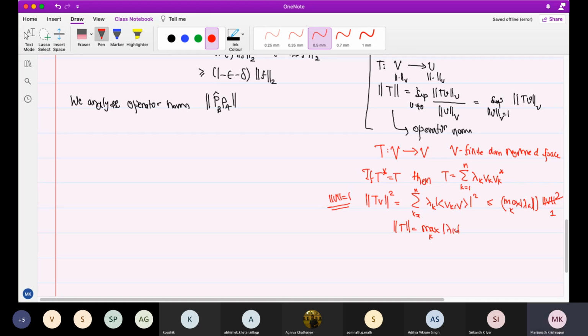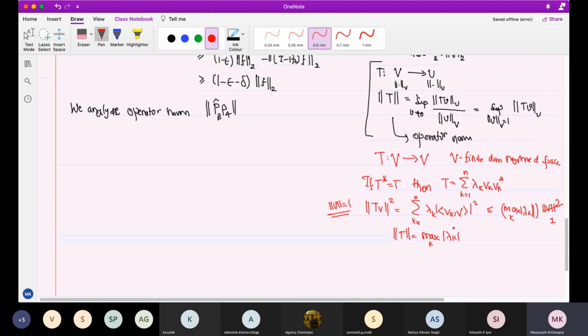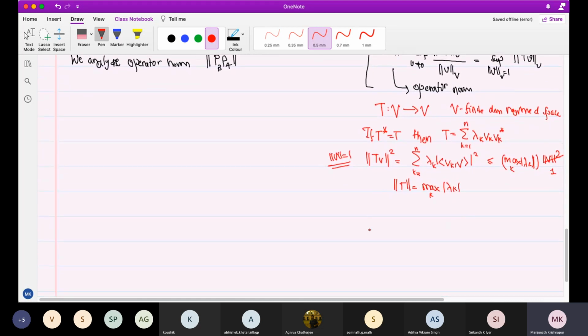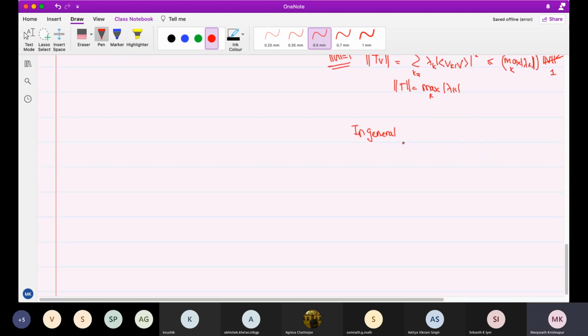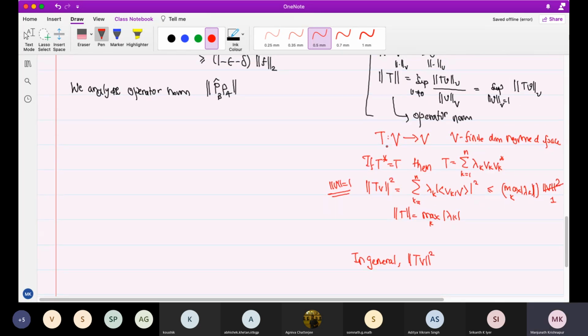the eigenvalues. Now our T is not Hermitian, but it's related. So in general, what is the relationship? If you take TV, in general I'm not assuming T is Hermitian.